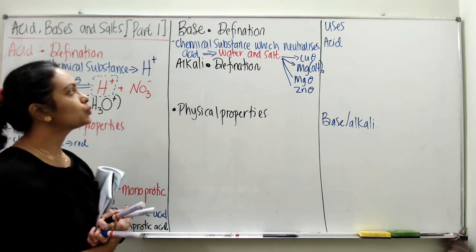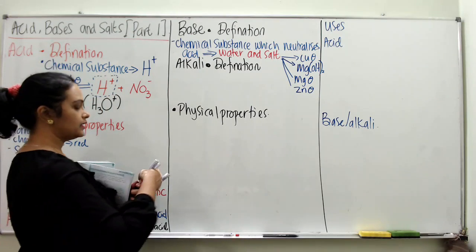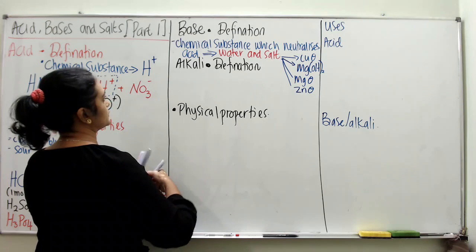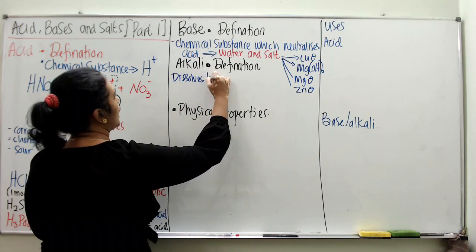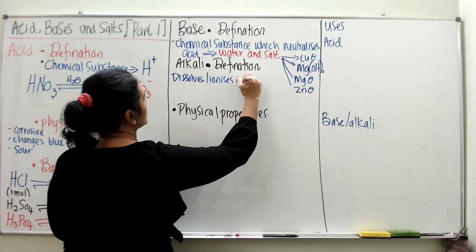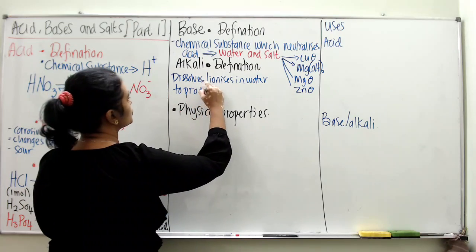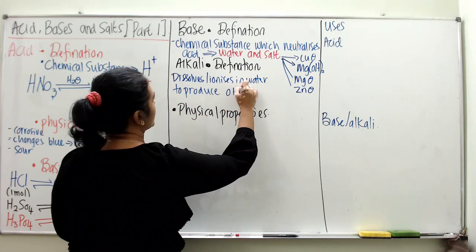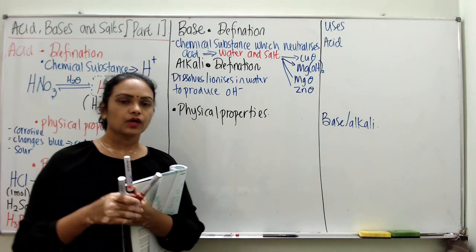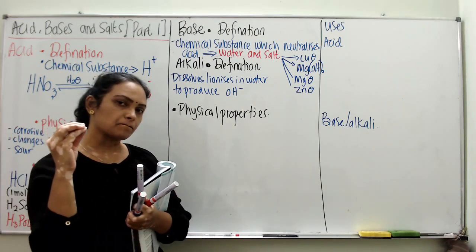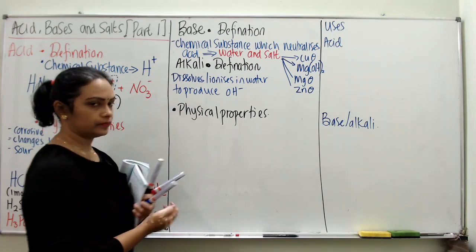Now let's go to the meaning of alkali. The difference is that alkali dissolves in water or ionizes in water to produce hydroxide ion. Can you see the difference? For base, we won't guarantee the production of hydroxide ion.